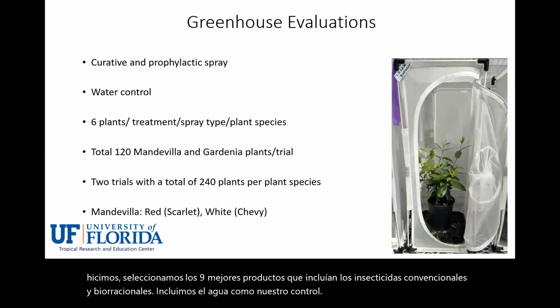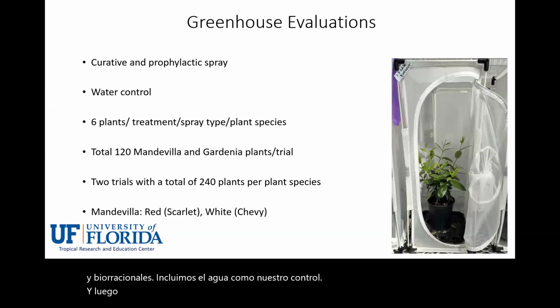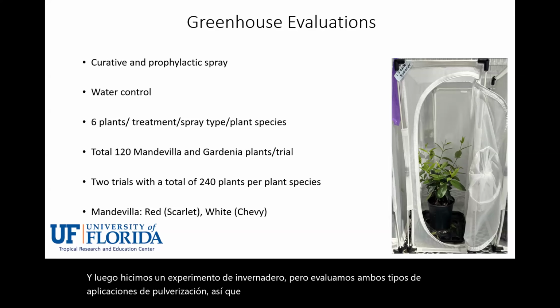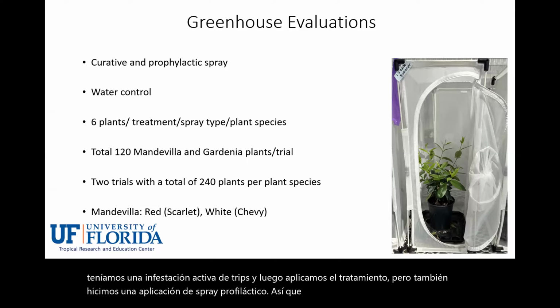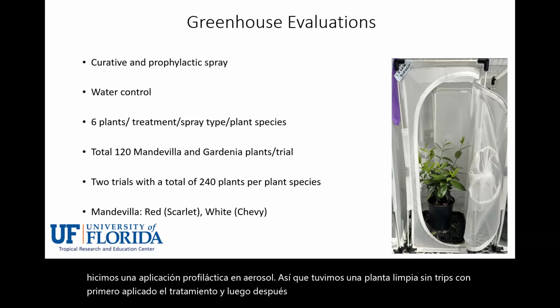Then we did a greenhouse experiment, but we assessed both types of spray application. So we did a curative spray application where we had active thrips infestation, and then we applied the treatment. But we also did a prophylactic spray application. So we had a clean plant without the thrips. We first applied the treatment, and then after 24 hours, we released the thrips. As I mentioned, water was our control.